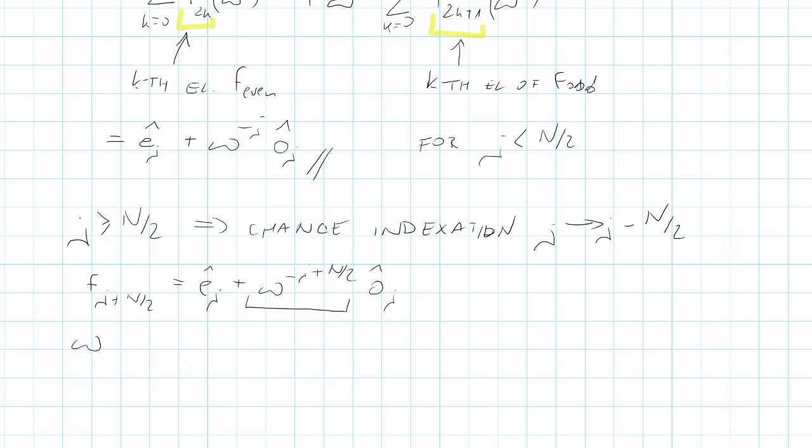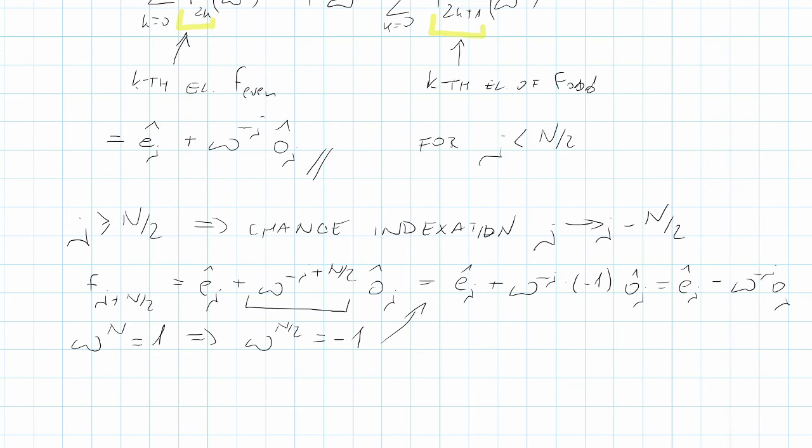We have that the nth power of omega is 1. So it follows that the n half power of omega must be minus 1. So it follows that this thing is ej hat plus omega to minus j times minus 1 times oj hat, and this is ej hat minus omega to the minus j oj hat.